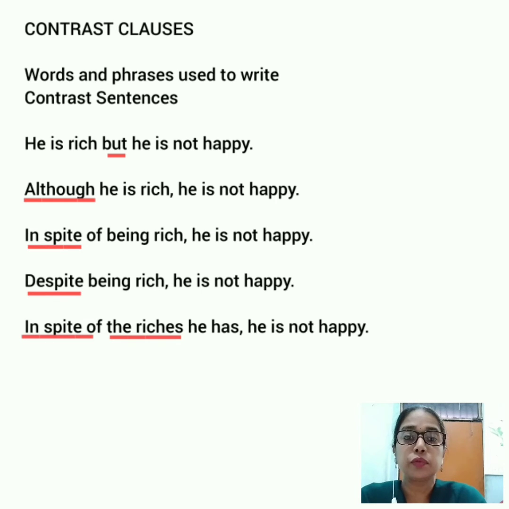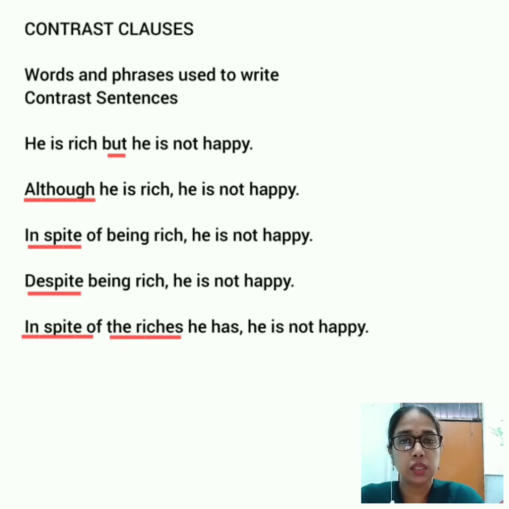Then how will you write the same sentence using the phrase in spite? Now when you are writing with in spite, you can see in the example I have written in spite of, then after of you will be using the ing form of the verb in the first clause. Now in the first clause the verb is.